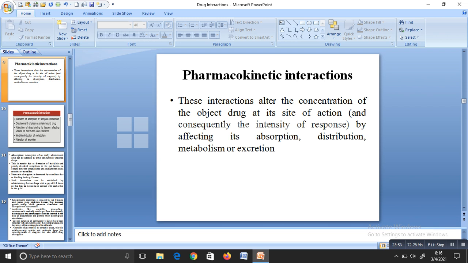Next is metabolism. Metabolism occurs because of cytochrome P450 enzymes, and the cytochrome P450 enzyme metabolism can be either inhibited or stimulated by some drugs, and because of that we can get either favorable effects or unfavorable effects. Similarly, drug excretion.